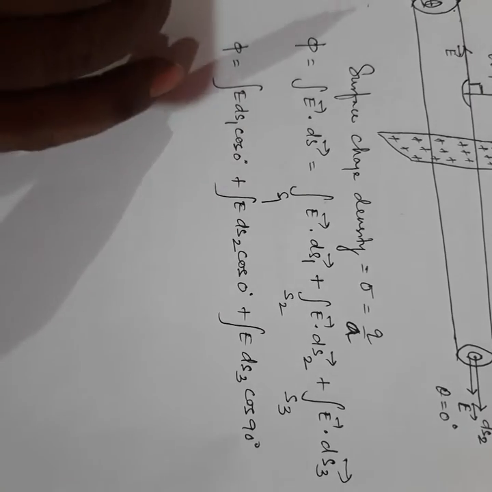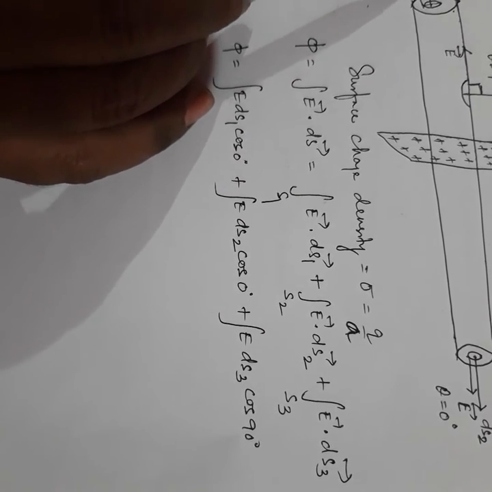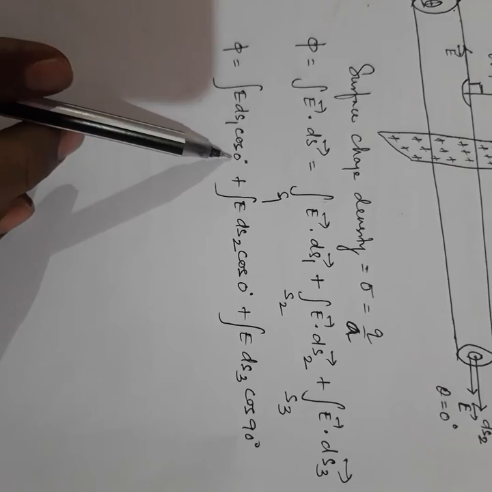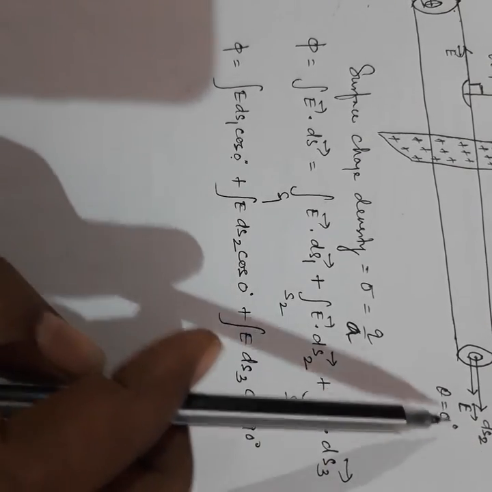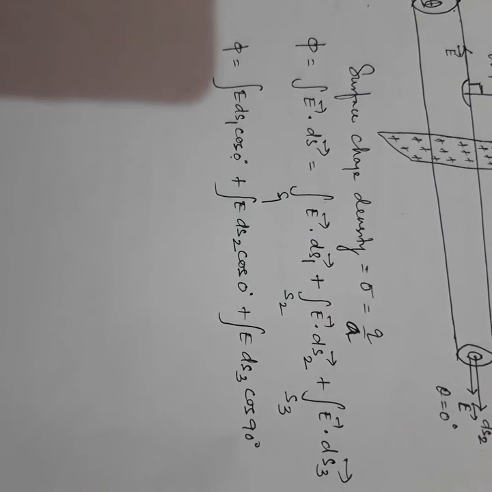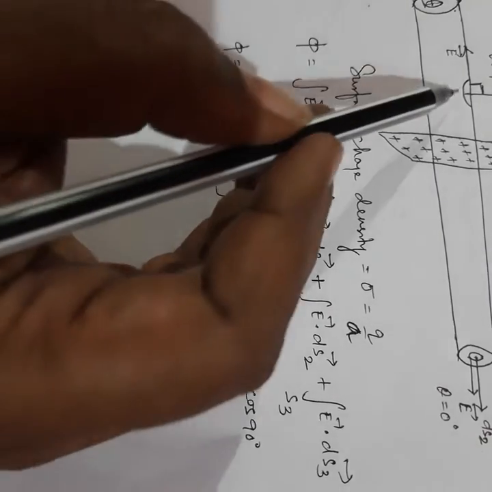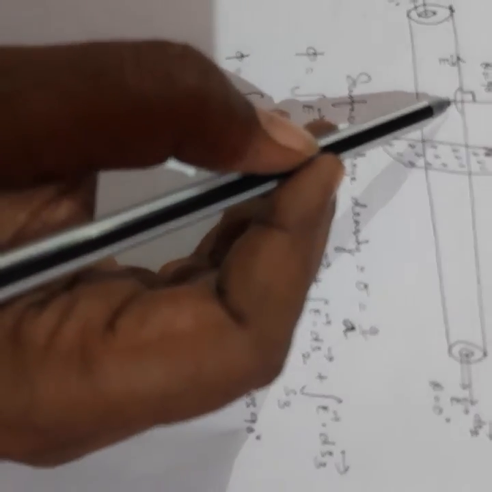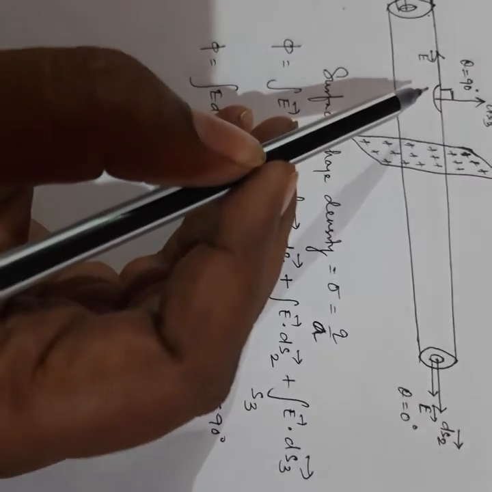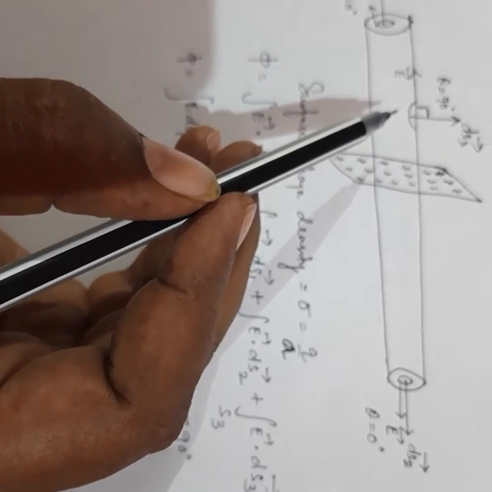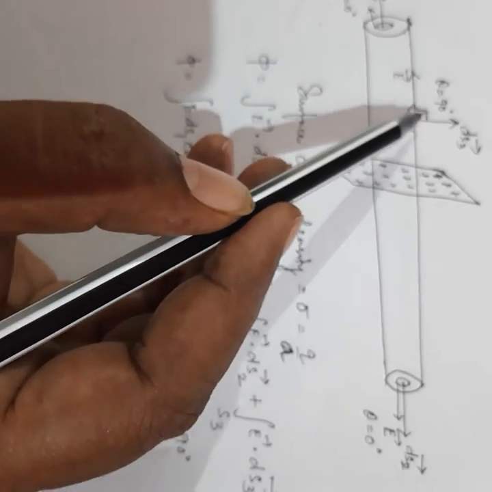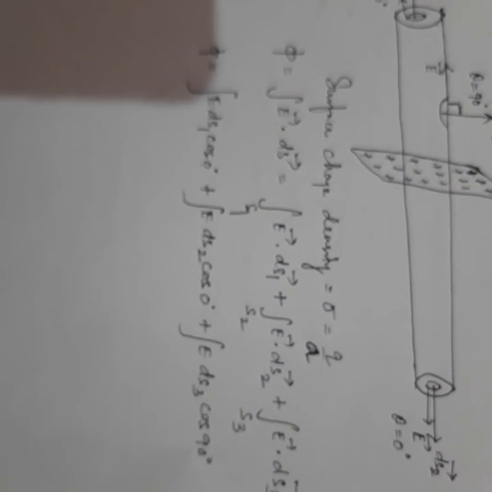Through this dS1 vector, E vector are parallel, so theta is equal to 0 degree. dS2 and E vector are parallel, so theta is equal to 0 degree. And on the curved surface, this dS3 and E vector are perpendicular.